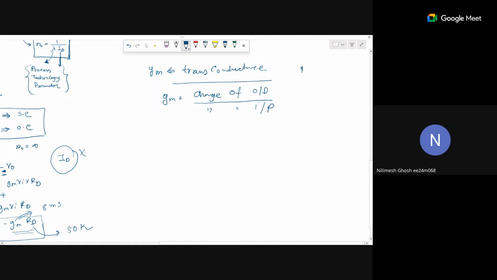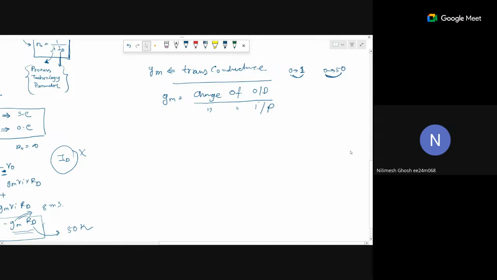Let's say we are giving a 1 signal and we are getting a 50 signal. From 0 to 1 signal we are getting 0 to 50 signal, some measurement, whatever. So we are giving this much change, we are getting that much change. That is the basic purpose of an amplifier, right?